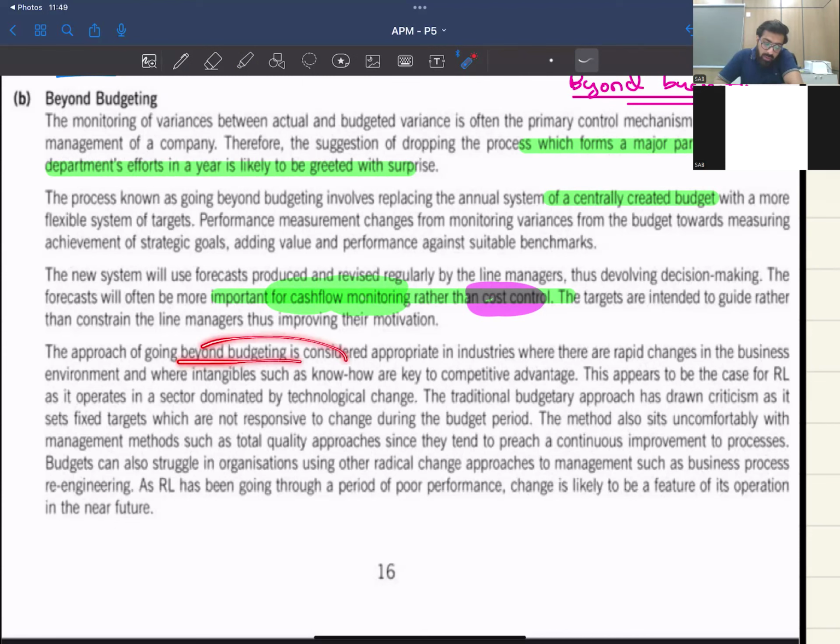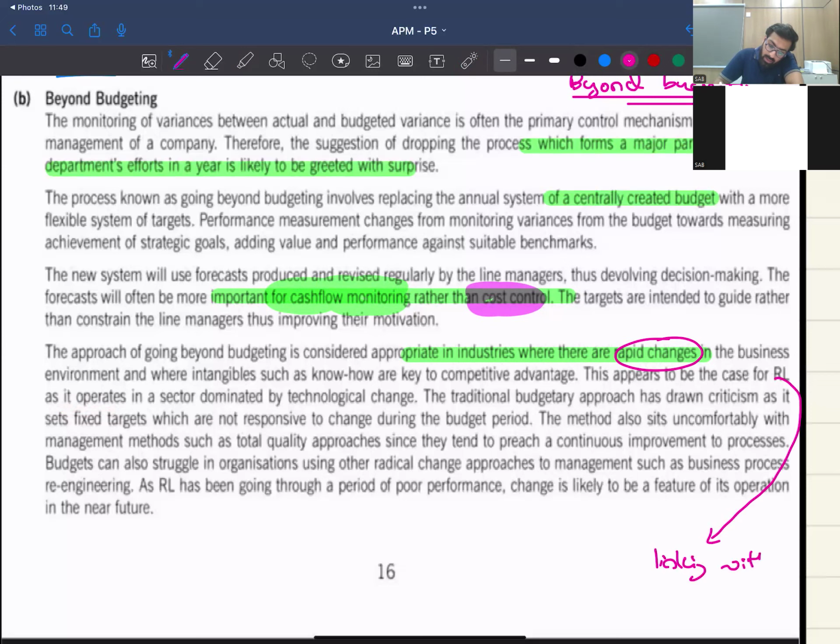So the beyond budgeting approach is considered appropriate in industries with rapid changes in the business. Yeah, it is very suitable, guys, for a rapidly changing business. If your business is rapidly changing, the beyond budgeting approach is really fine. This appears to be the case for RL. Now here comes linking with the scenario.